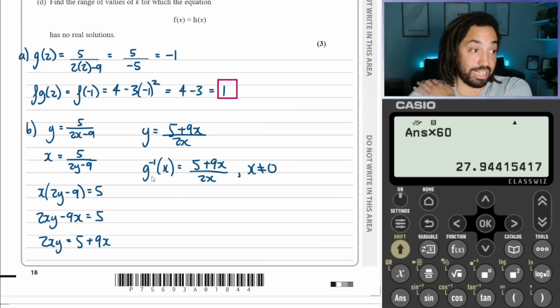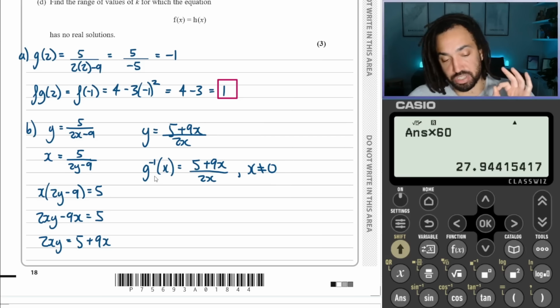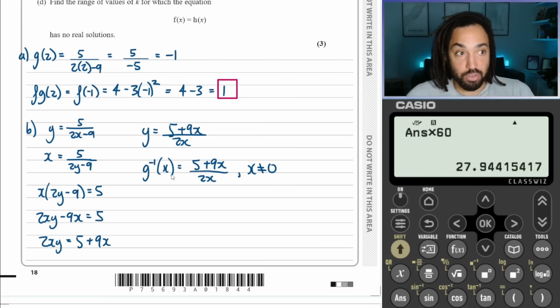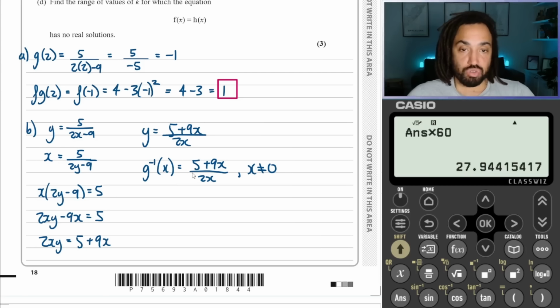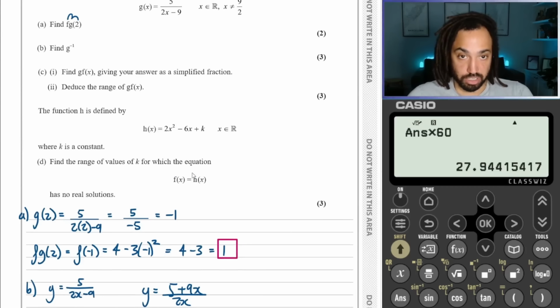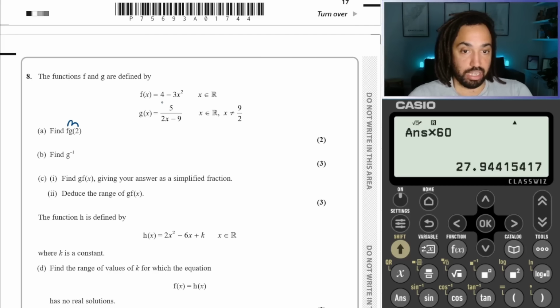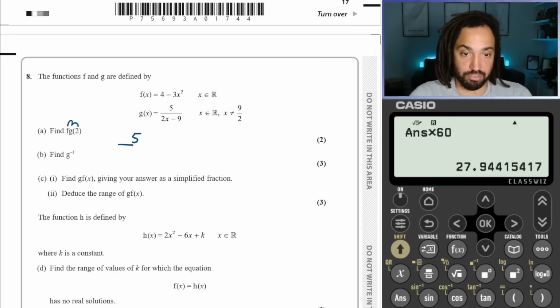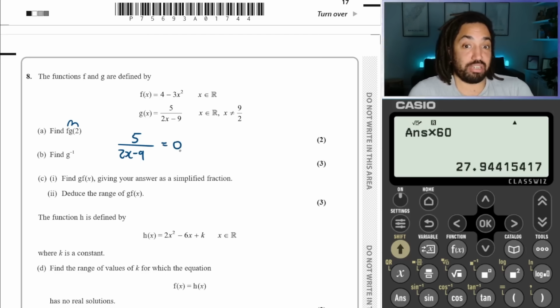Also, another way of doing it is that the domain of the inverse is the same as the range of the original function. Okay, and this function here can spit out any value at all. The only value it can't spit out is 0, because if you have 5 divided by a variable like this, and you wanted that to be 0, there's just no x value that can make it.